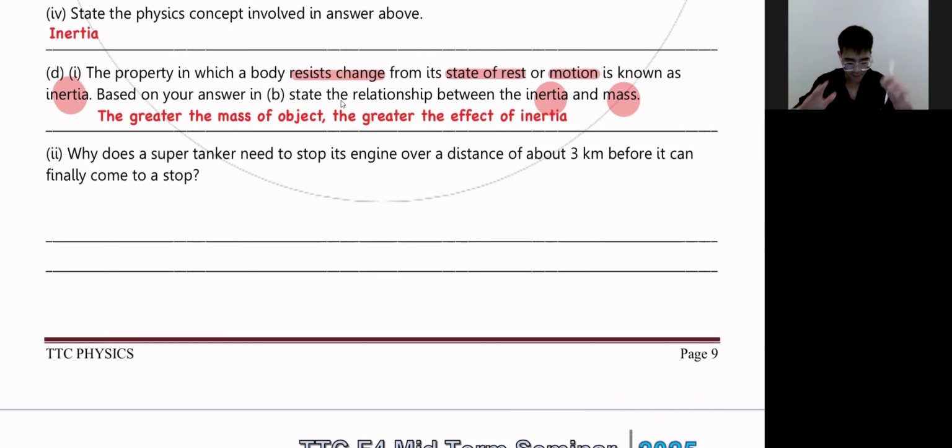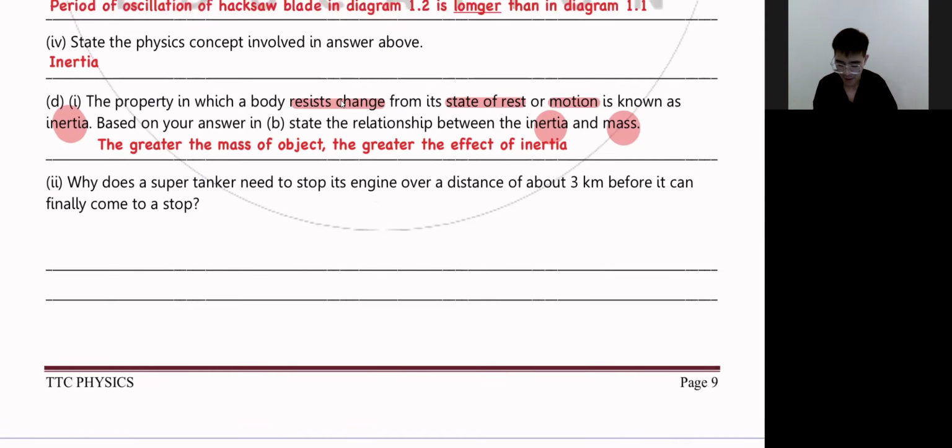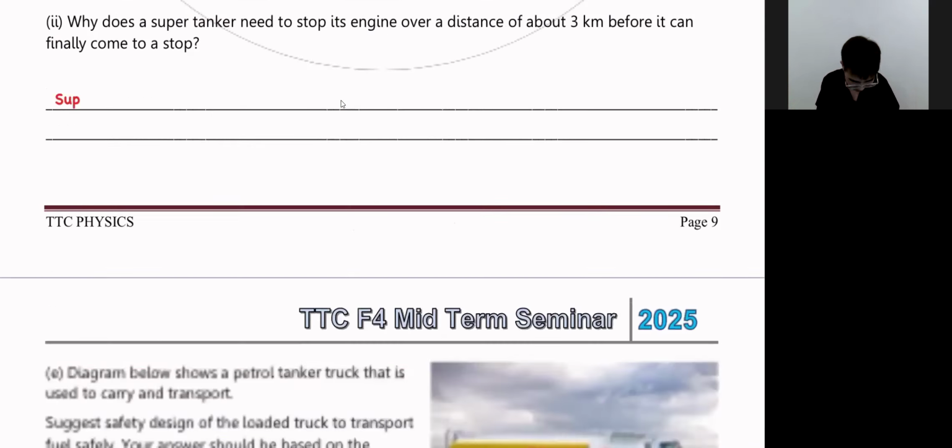Why? This one is very simple. Just say because the super tanker, we use the word super, means it is super heavy. Just follow the question: if the question uses the word super tanker, use super tanker; if the question uses oil tanker, use oil tanker. You don't have to say super large mass, just say the super tanker has large mass.